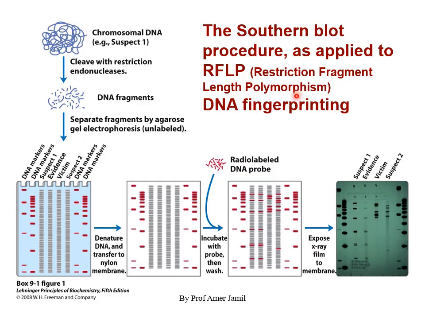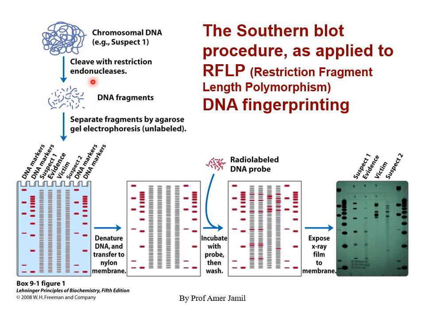And in this particular technique, when we digest the DNA with the restriction enzyme, that makes a difference, meaning one person may have a different number of fragments in a particular region which is identified already by research, and that particular region of the DNA which acts for identification of a certain individual or a certain gene is called a DNA marker.